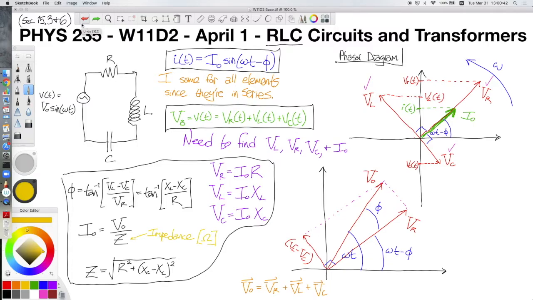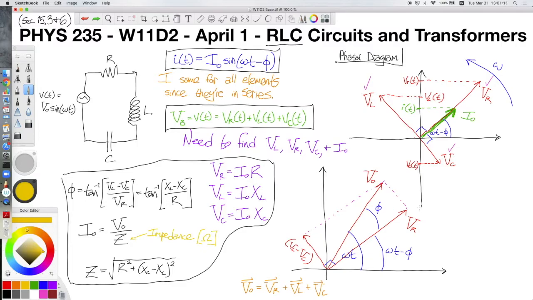So depending on whether VL minus VC is positive or negative, we might have the voltage for the battery peaking before the voltage for the resistor, or we might have the voltage for the battery peaking after the voltage for the resistor. Phi can be either positive or negative, and we'll talk a little bit more about that when we do the upcoming example.